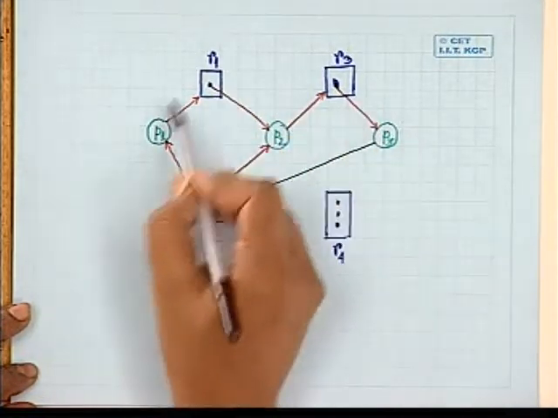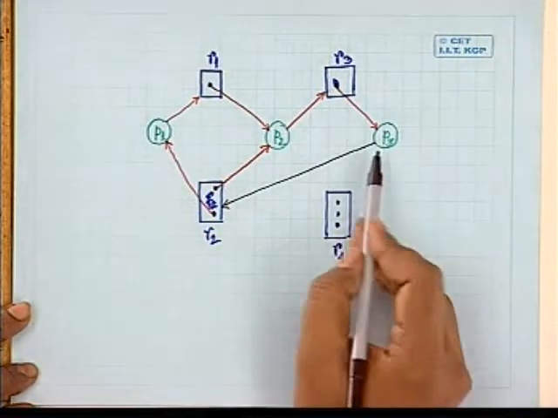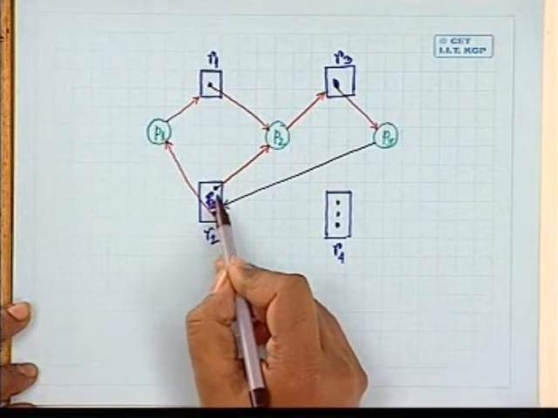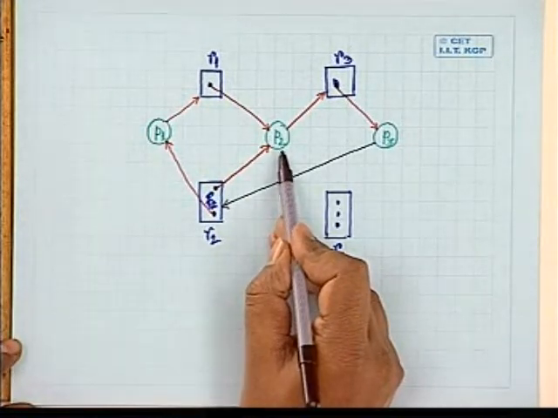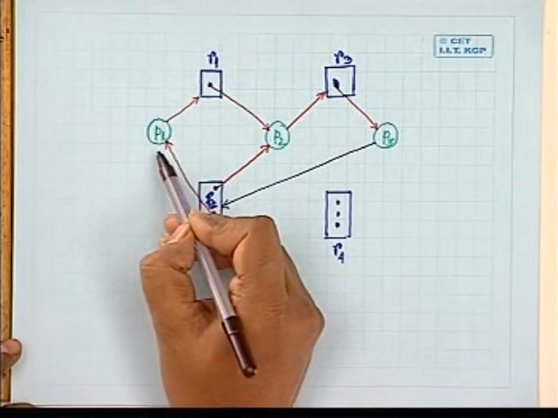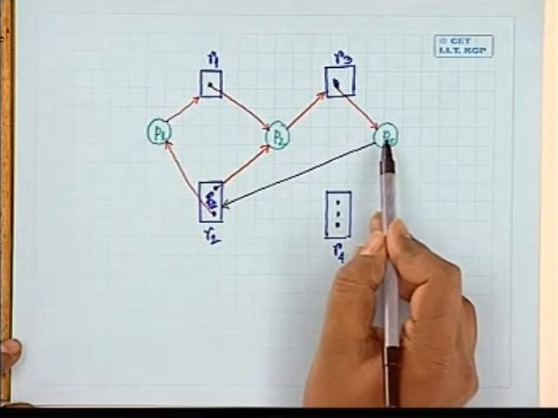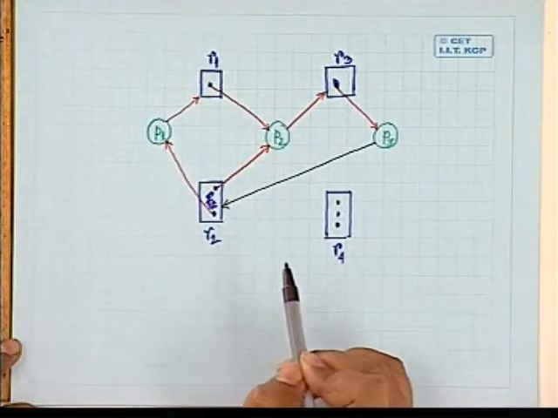Now you find that this situation leads to a deadlock, because P3 is waiting for an instance of resource type R2 and both the instances of R2 are already allocated. One of the instances is allocated to P2, the other instance is allocated to P1. So none of the instances of R2 is available. So P3 cannot get one until and unless these two are released by P1 and P2.